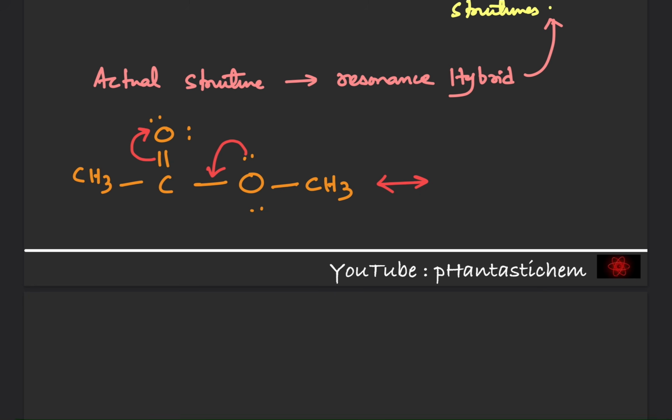So the other resonance structure will look like this: CH3 C single bond O with a negative charge on this oxygen, double bond O, with a positive charge on this oxygen, and CH3.